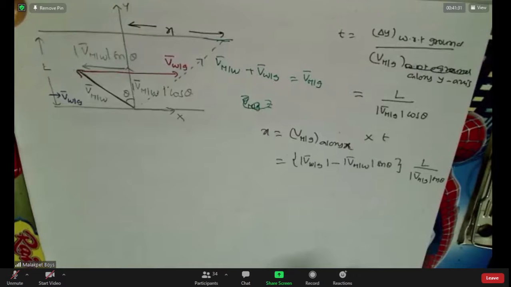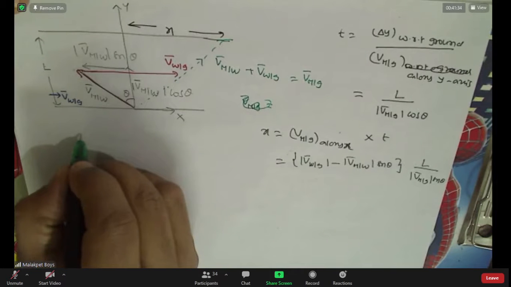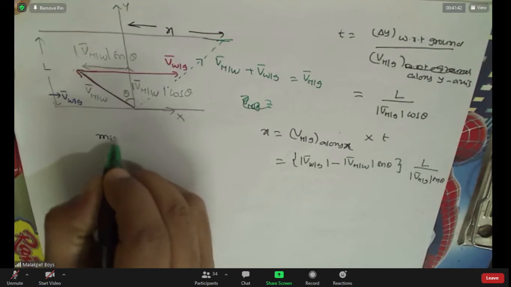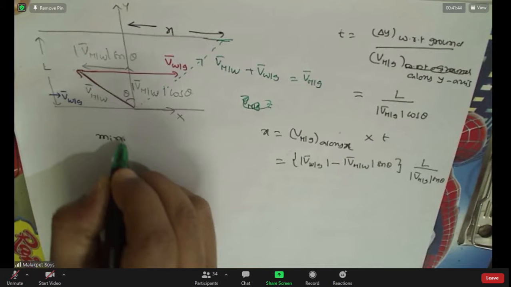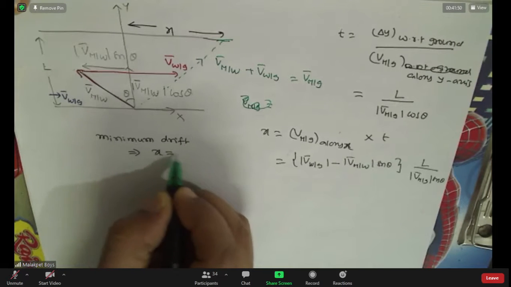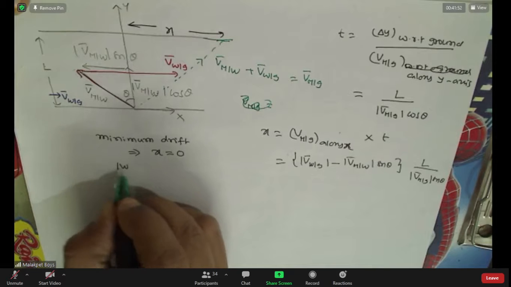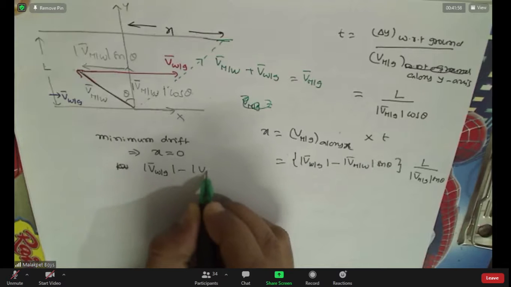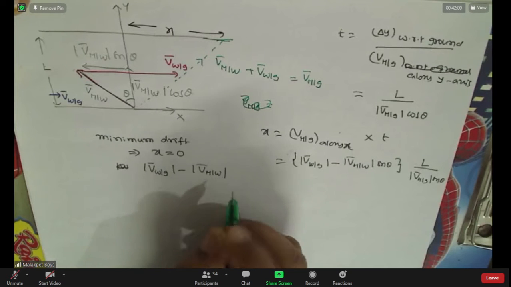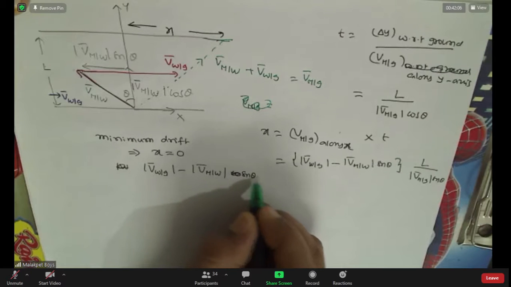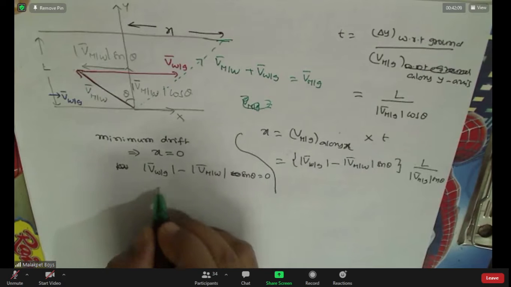Now you can see what is being asked. Direction of the boat, at what angle to the stream, for minimum distance? Minimum drift, sir. That means x should be 0. Okay, so what is sin theta?